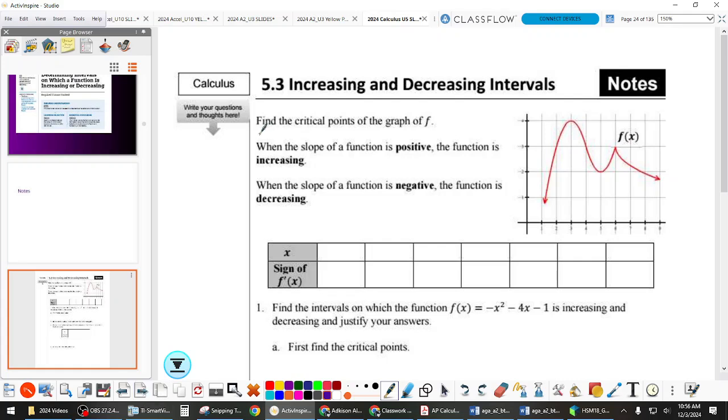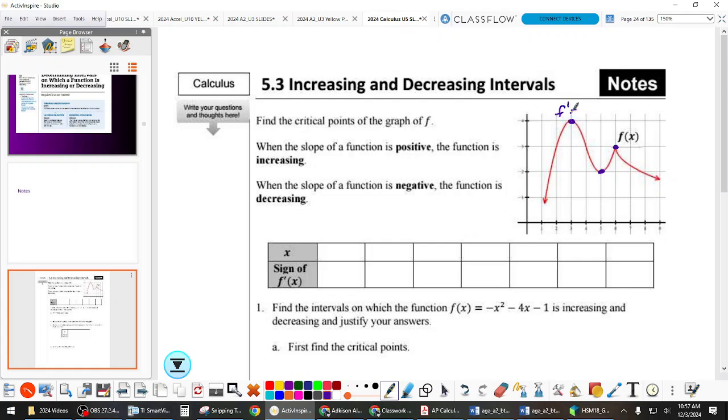So we've seen a graph like this before, but it says find the critical points of the graph. Where would those be? Would be like at 3, 5, and then that would be it, right? Because 6, that's a cusp. Well, but it's a critical point because the derivative wouldn't exist there, right?